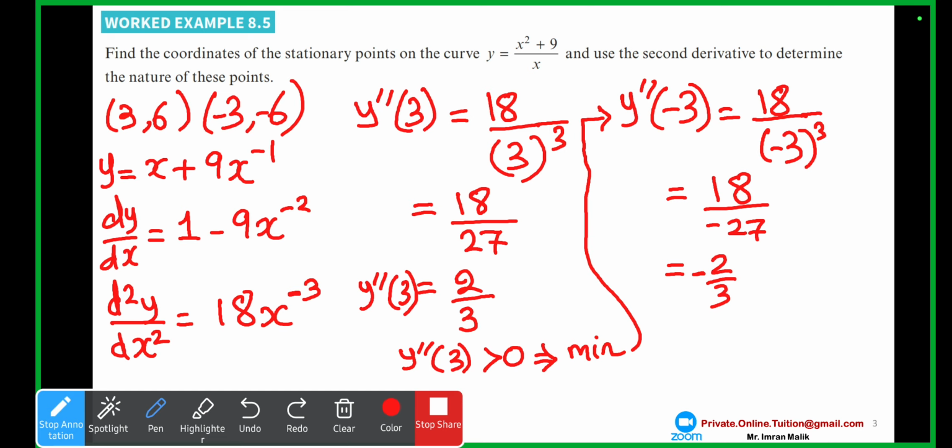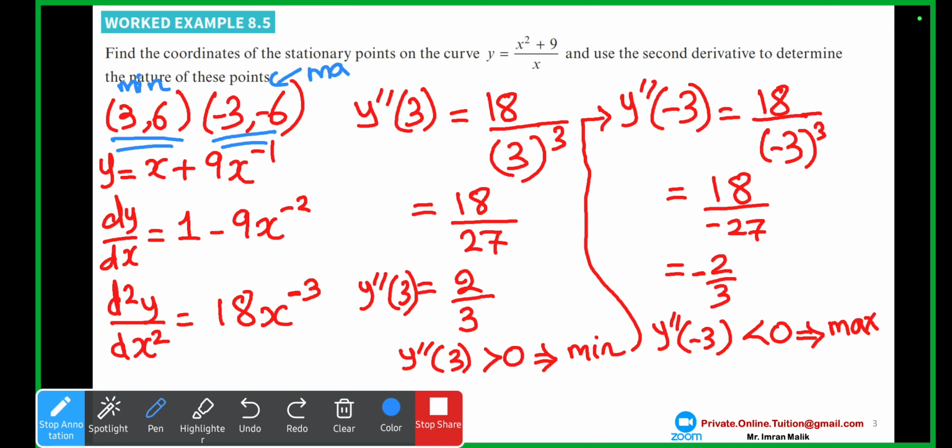So once again we say that since y double prime at negative 3 is less than 0, it implies that it is a maximum point. So we come to the conclusion now that the point at x equal to 3 is a minimum point, and x equal to negative 3 is a maximum point.